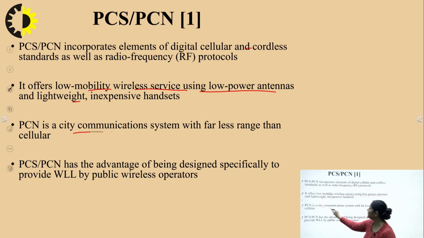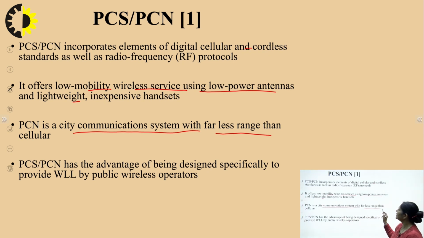PCN is a city communication system with far less range than cellular. In a cellular system, the whole area is divided into cells and each cell has its own base station. So when we talk about cellular technology, the area is huge, and that area is divided into cells. But when we talk about wireless local loop, we are talking about a small area.